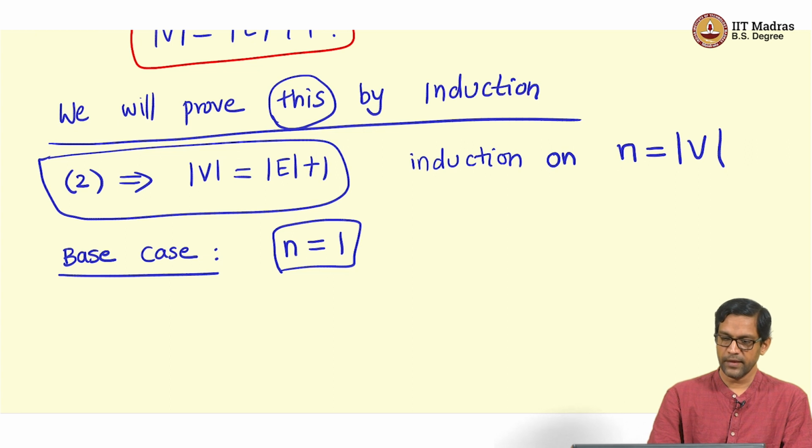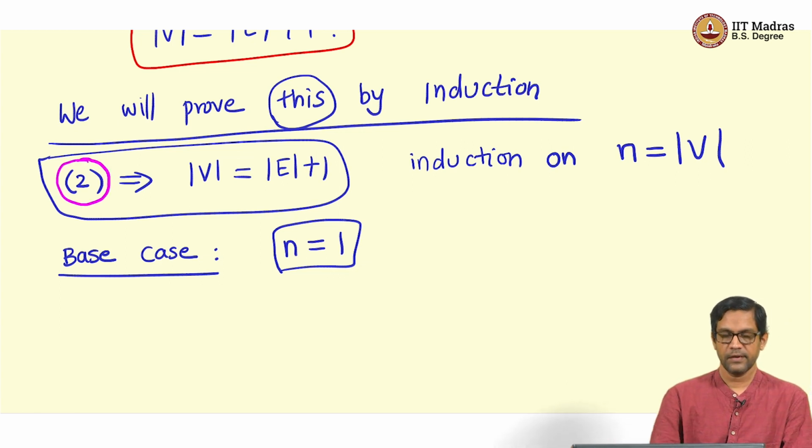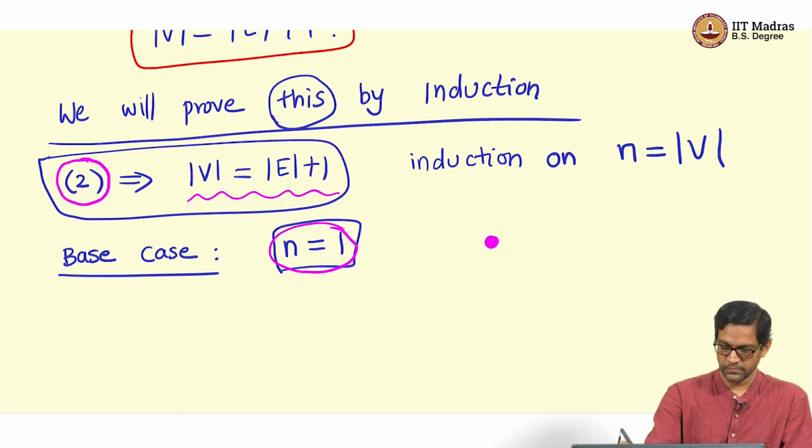It means you take any graph satisfying the hypothesis 2, any graph with this property, and such that it has got exactly one vertex. Take all such graphs. For all such graphs we have to show that this is true. Okay. So let us see what are all the graphs with n equal to 1. Well, that is just the single point, right? N equal to 1 means a single vertex, and so there is really only one such graph.